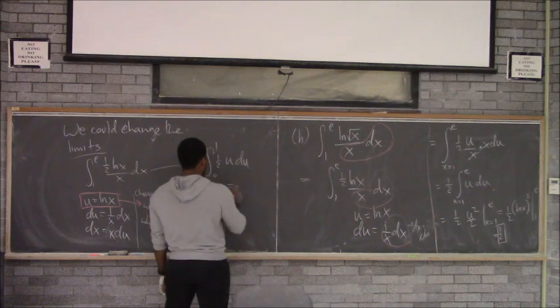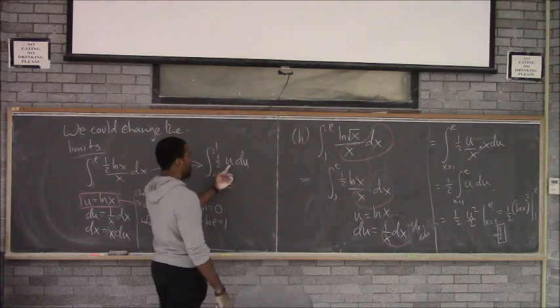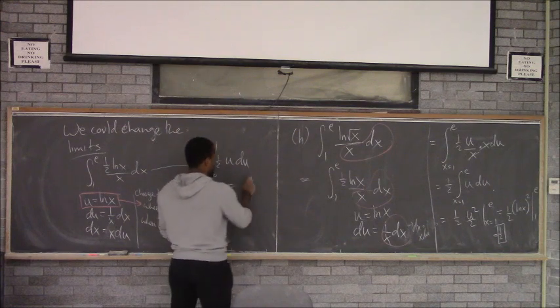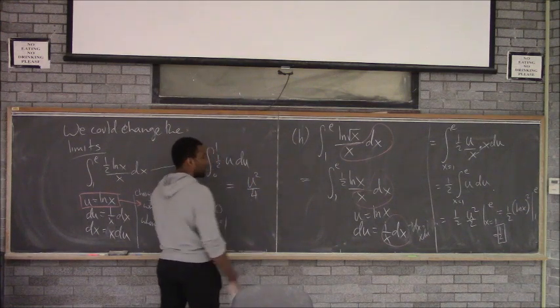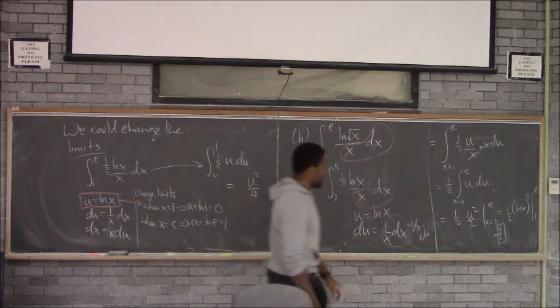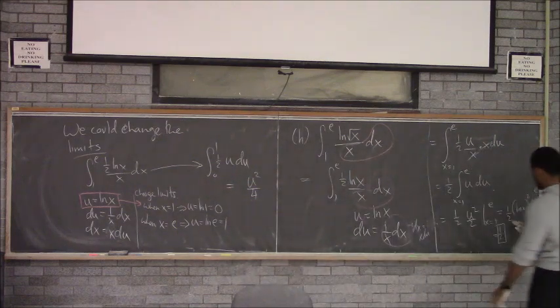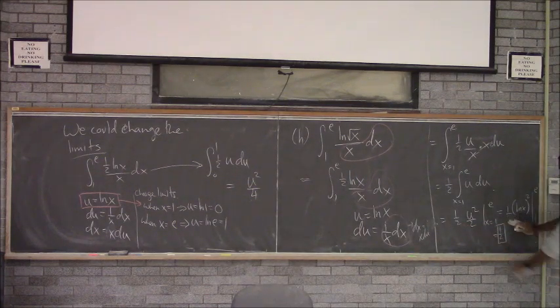So now integrate that: u squared over 2, u squared over 4 here. Oh, which I think we missed before. So 1/2 times 1/2, it should be over 4.